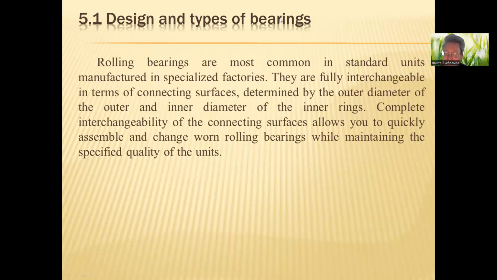Complete interchangeability of the connecting surfaces allows you to quickly assemble and change worn rolling bearings while maintaining the specified quality of the units.